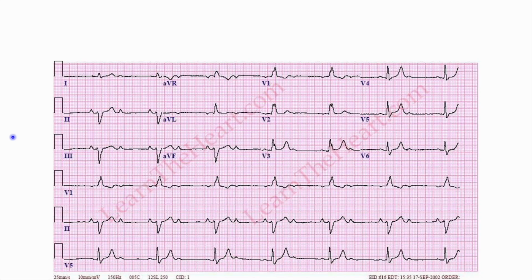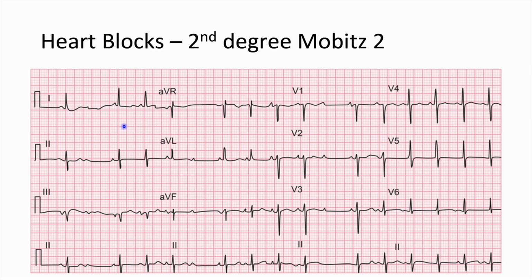And so how about this one? 3, 2, 1. You might have been expecting a complete heart block, but that's not what this is. This is a 2-to-1 heart block. What can be tricky is if you have one normal rhythm and then a drop, and then one normal rhythm, and then a drop.